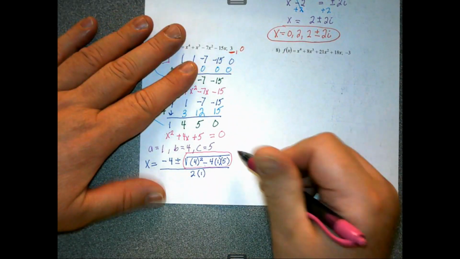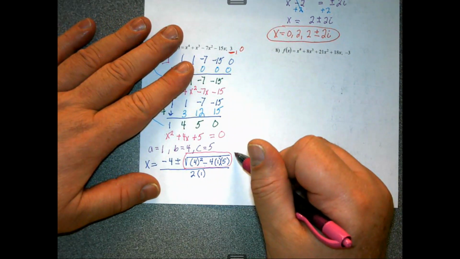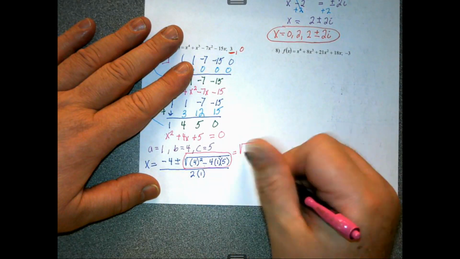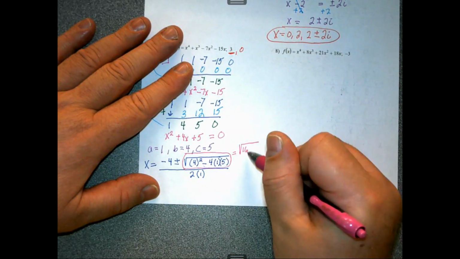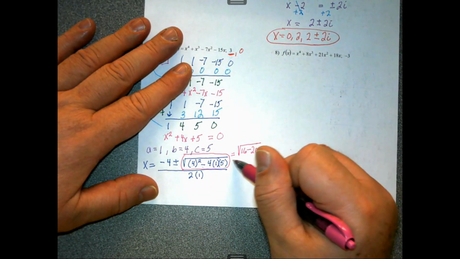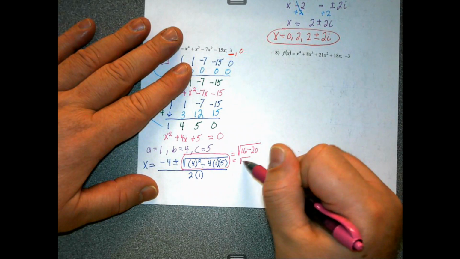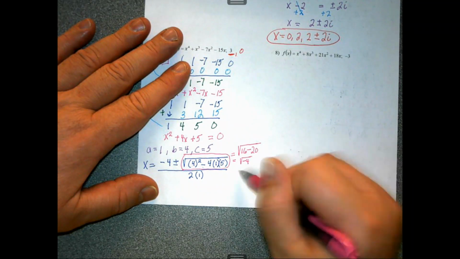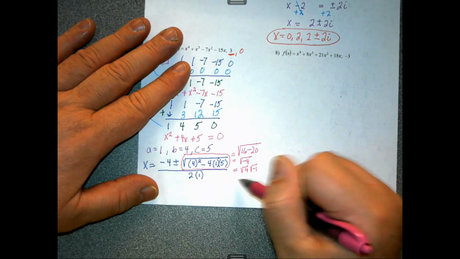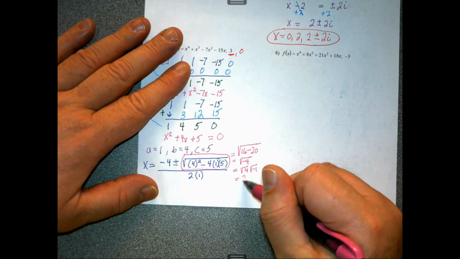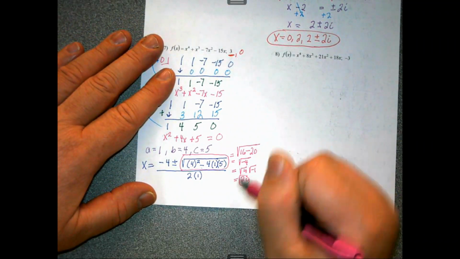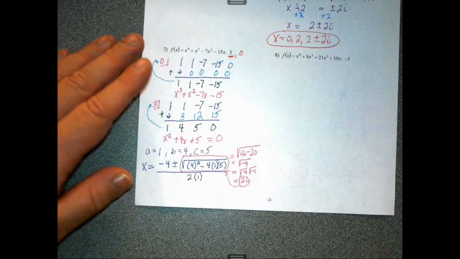Okay, let's go ahead and solve the square root of the discriminant here. Square root of 4 squared is 16 minus 4 times 5, 20, which equals the square root of negative 4, which equals square root of 4 times square root of negative 1, which equals 2i. Going to put this 2i back in here for the discriminant.